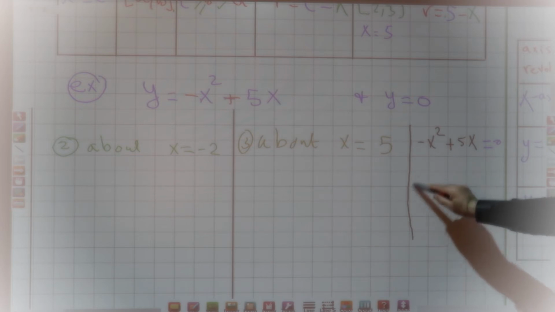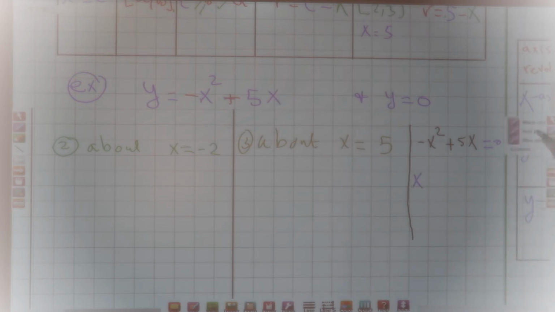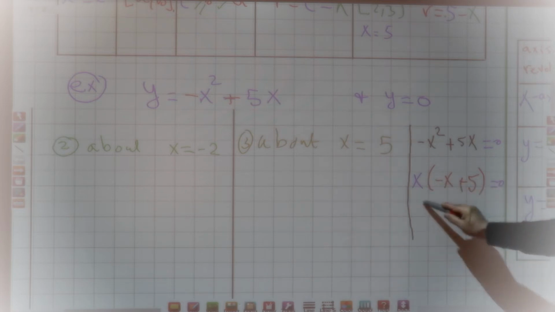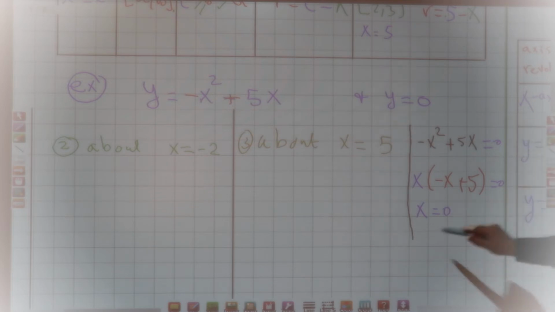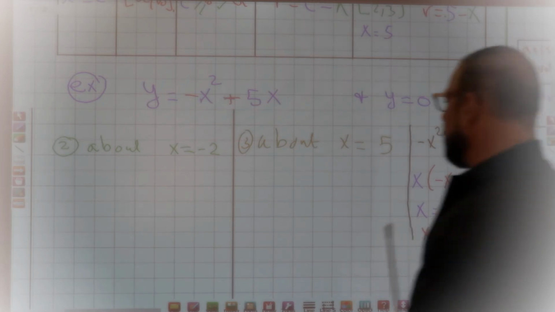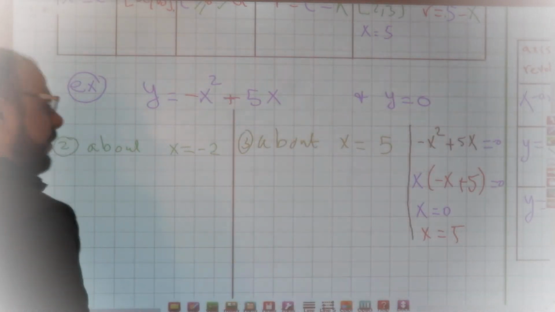Take x as a GCF, right? Negative x plus 5, and this equal to 0. Then either x equal to 0, or, in red, x equal to 5. Good.